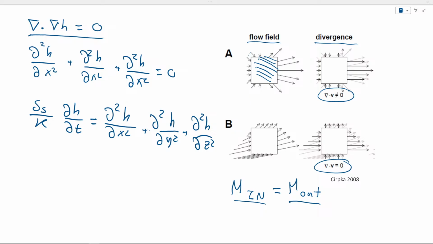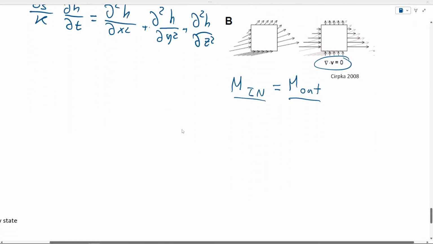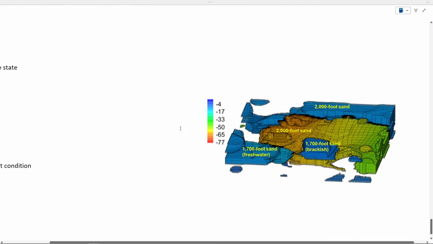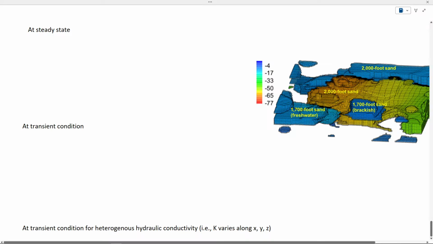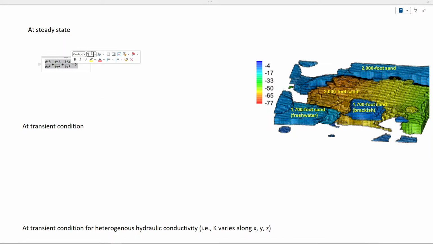Let me show you another case where I'm assuming K, which is my hydraulic conductivity. Do I have a photo for this? Oh, okay, here we go. So I have all these cases here. So this is the steady state case. Let me copy it and paste it. That's the steady state case.